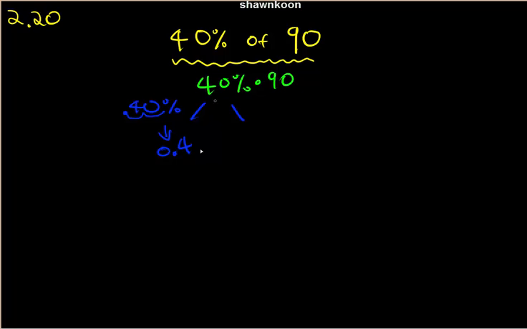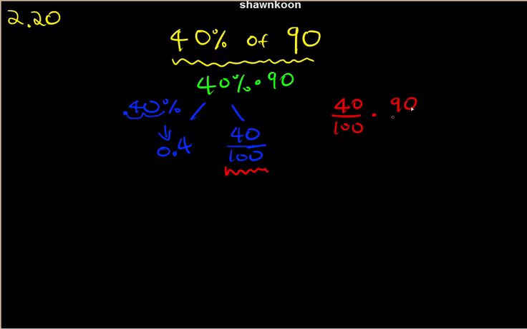Or we can just change this into a fraction, which is 40 over 100. Okay, so since we found that, now we have to calculate it, right? I like to use fractions because I can cancel things out, but if you're using a calculator, multiplying 0.4 will be better. So 40 over 100 times 90.